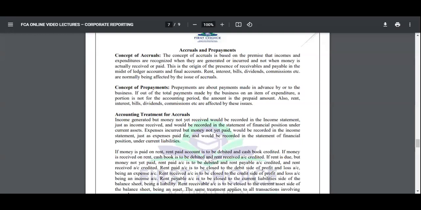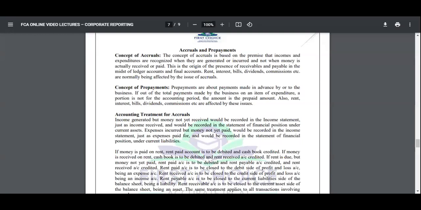Expense incurred but money not yet paid will be recorded in the income statement as an expense, and in the statement of financial position under current liability. So you incur an expense that you are yet to pay. So it is called owings, accrued. How do we treat this? We put it under current liability.